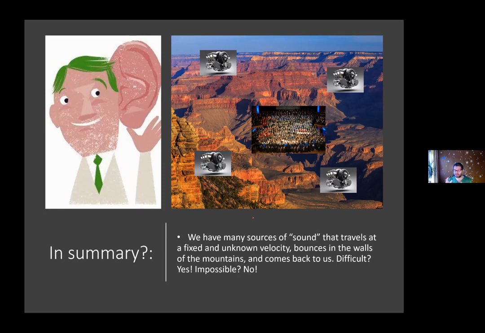And the main reason why you can solve it is because you know that sound travels at a fixed speed. You know that sound will go in one direction and bounce back, hit the wall, in this case of the rock, bounce in many directions, but one of those directions is where you are. And that is actually one of the things that we use a lot in astronomy.